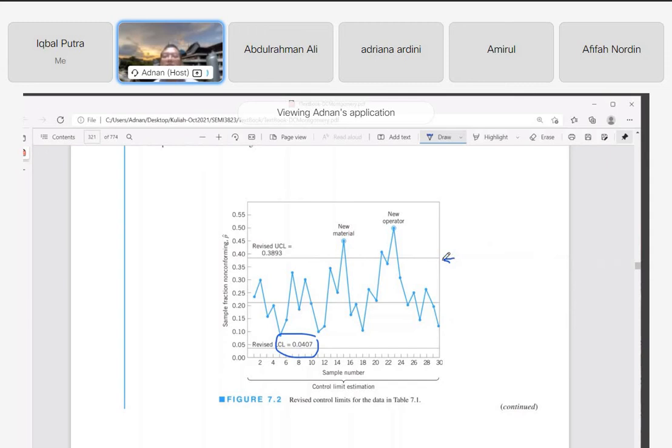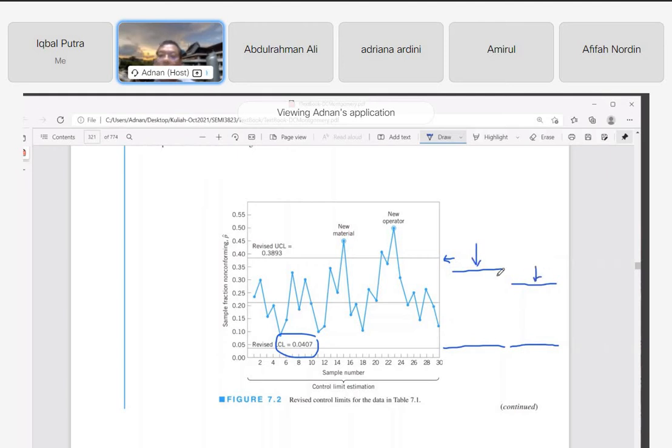If we keep revising, we're going to get smaller and smaller, because the process keeps improving. Every time you revise, you eliminate the cause of the problem, so normally it gets smaller and smaller.